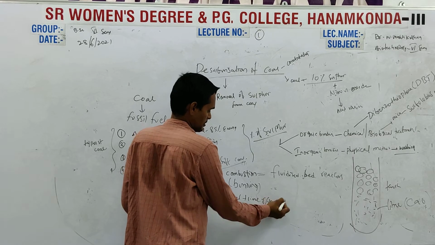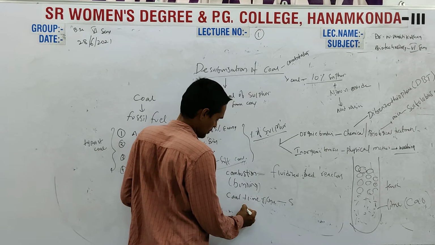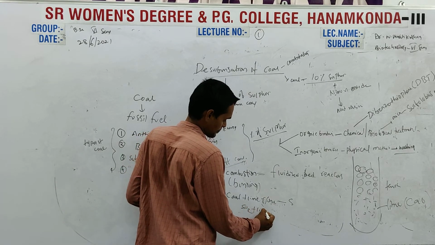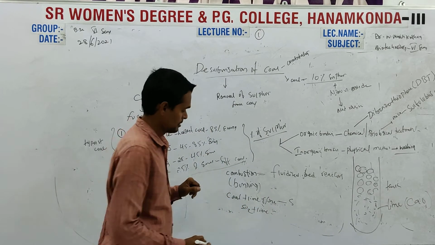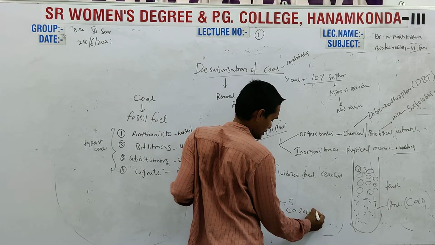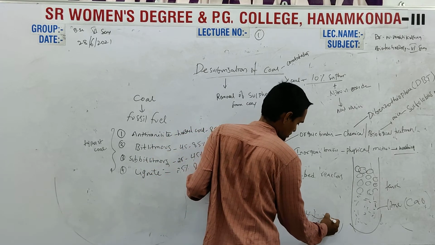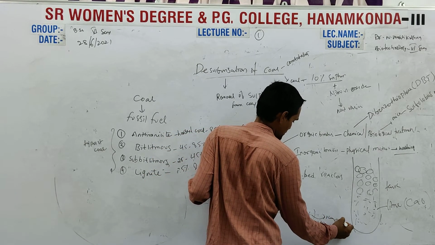The sulfur dioxide which is released from the coal will react with lime. It forms calcium sulfate, which can be removed as a paste.